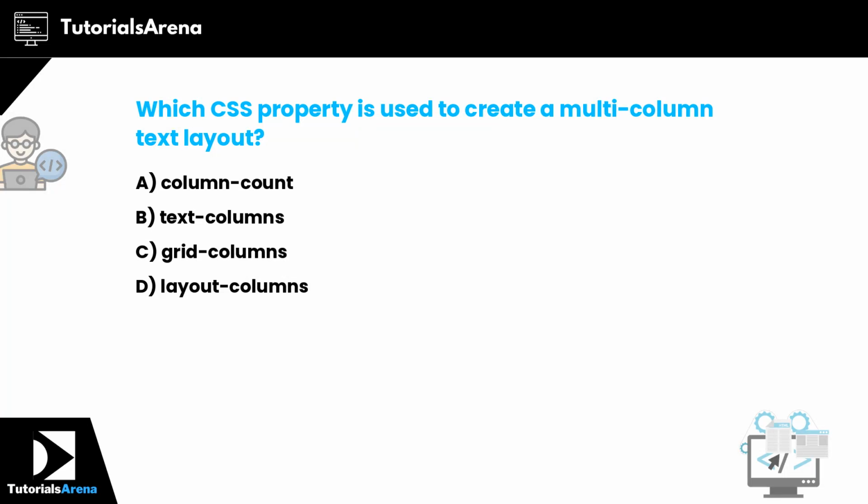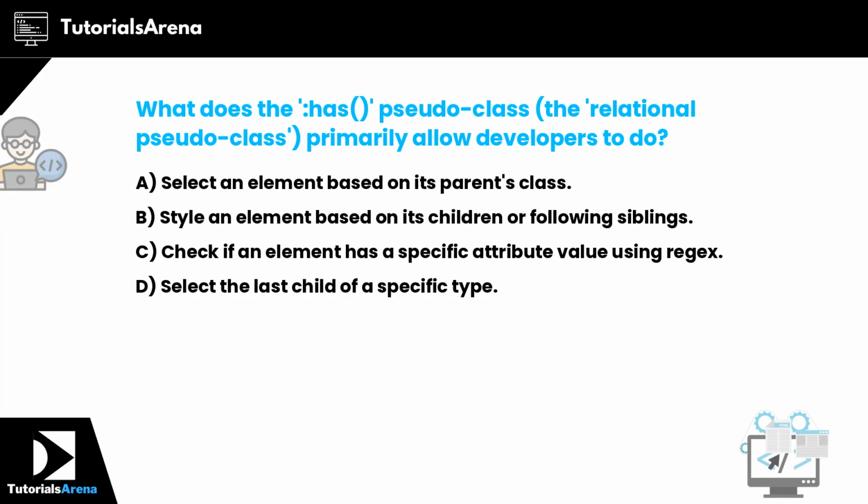Which CSS property is used to create a multi-column text layout? The correct answer is option A, column-count. What does the :has() pseudo-class, the relational pseudo-class, primarily allow developers to do?